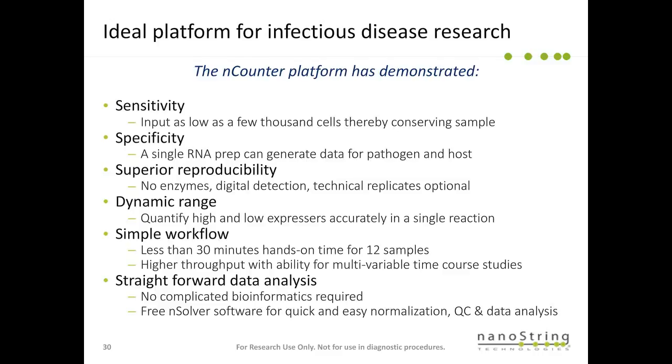And again, the simple workflow and straightforward data analysis really help to move your research forward at a much faster pace compared to other platforms. So with that, I can take questions.